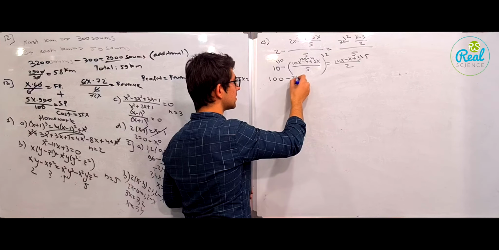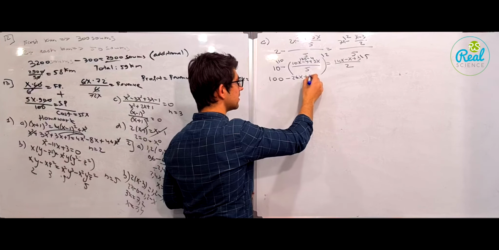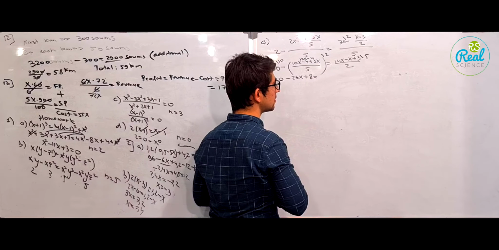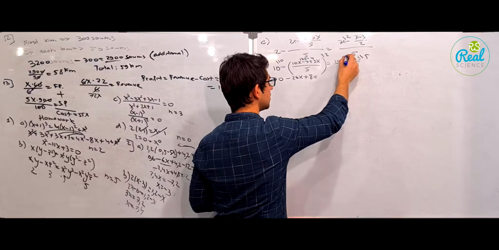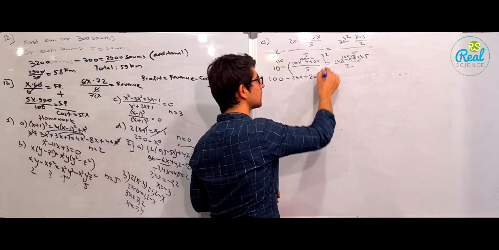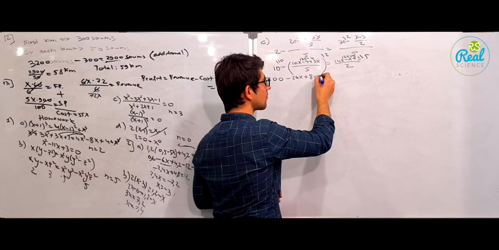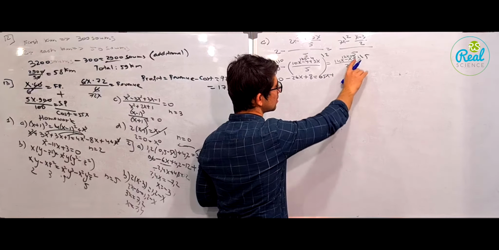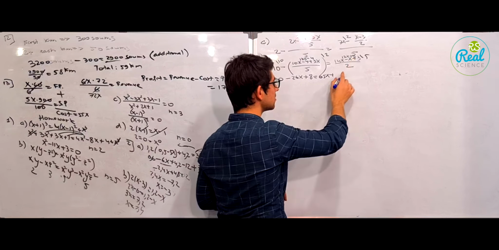Minus 26x plus 8. Equals to, let's multiply it by 5. It's 13x plus 3. Let's multiply by 5. It becomes 65x plus 15, right? Yes, it is 15.